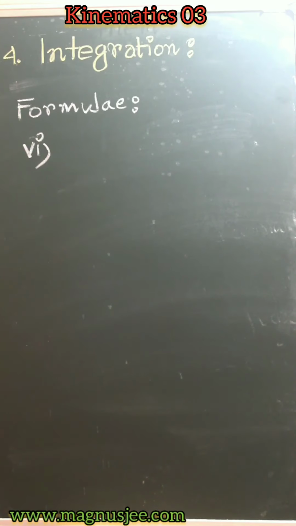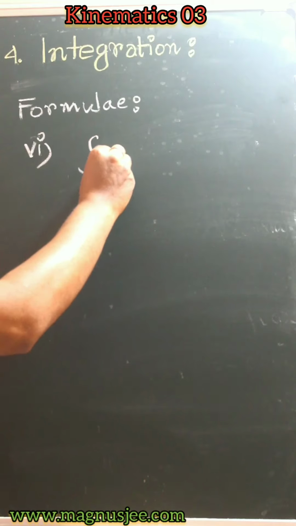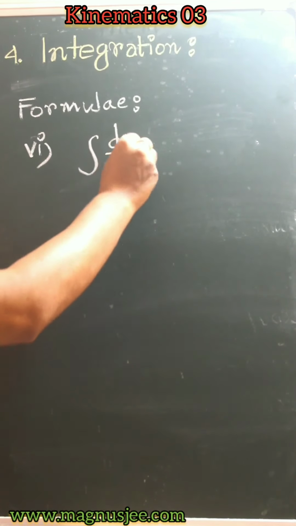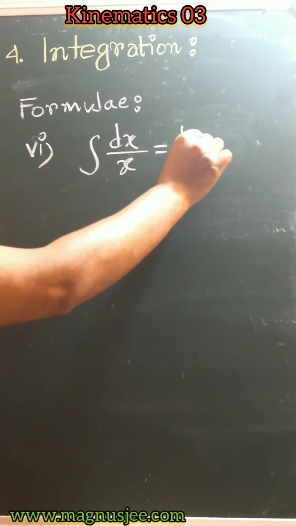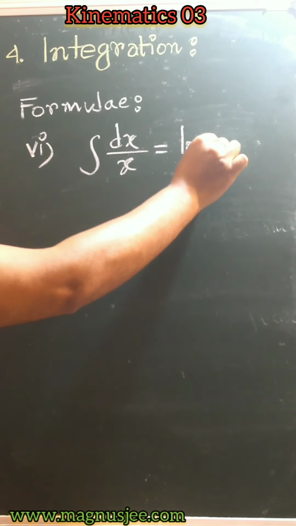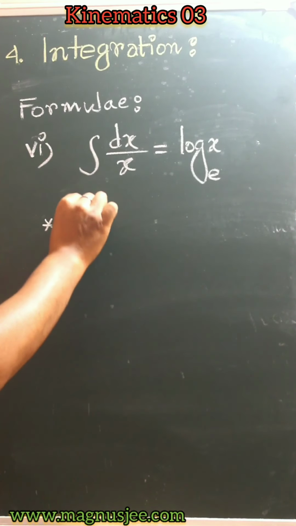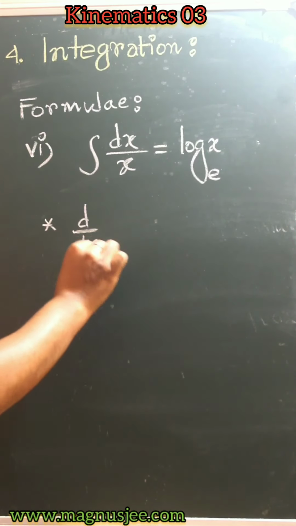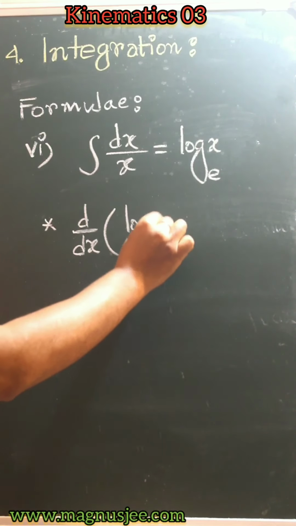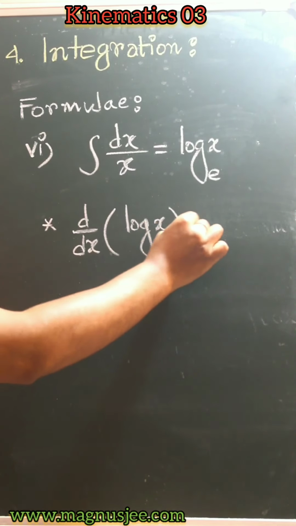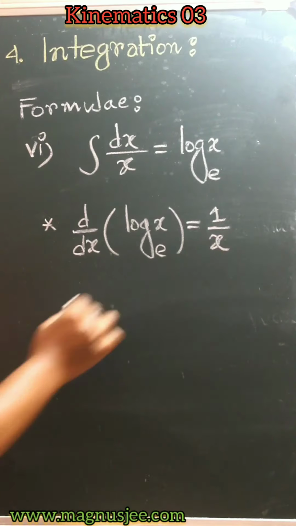Number 6 formula is integration dx by x equals log x base e, where we know from the formula of differentiation that d/dx of log x base e equals 1 by x.